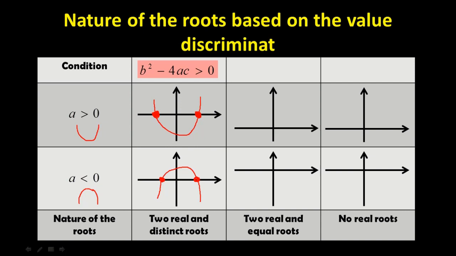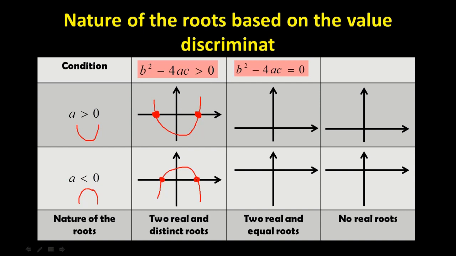The next one is b squared minus 4ac equal to 0. So, the nature of the roots is two real and equal roots. Dua punca yang nyata dan sama.